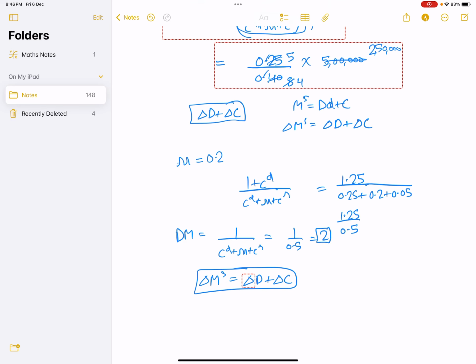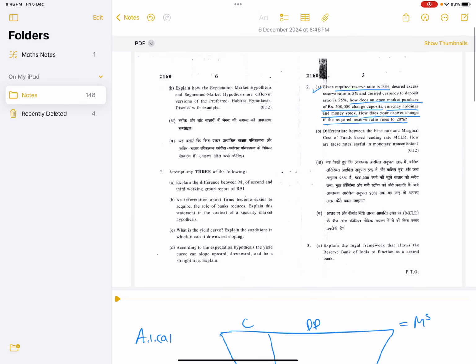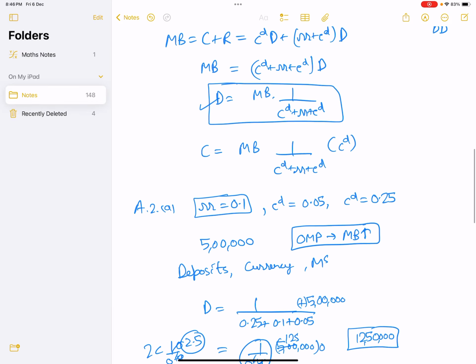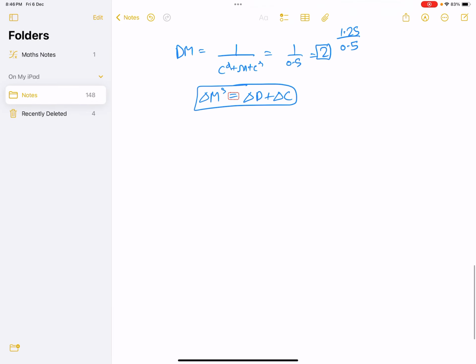Okay, now moving to the B part, you need to differentiate between base rate and the marginal cost of fund based lending rate. How are these rates useful in monetary transmission? I hope you all are aware of what monetary transmission is.